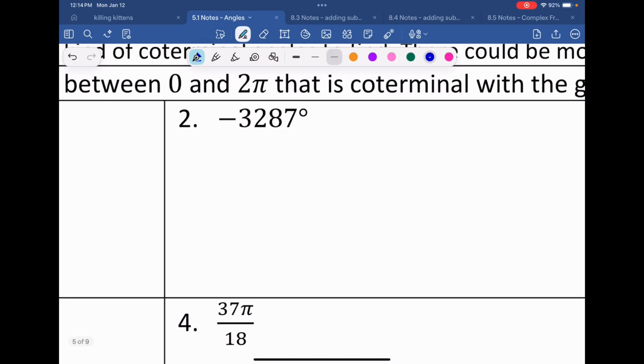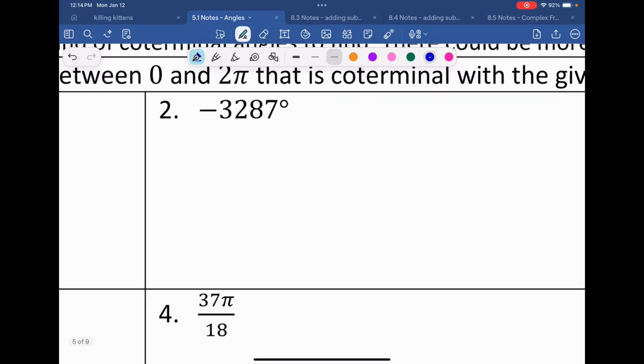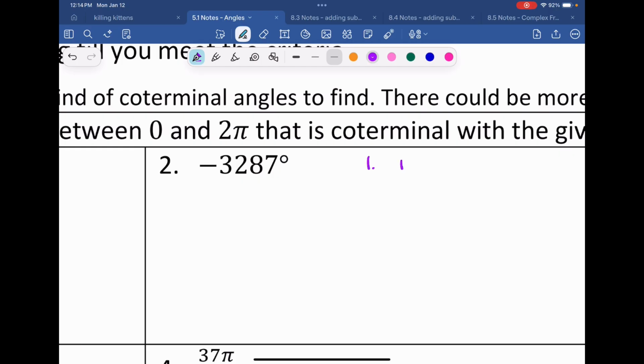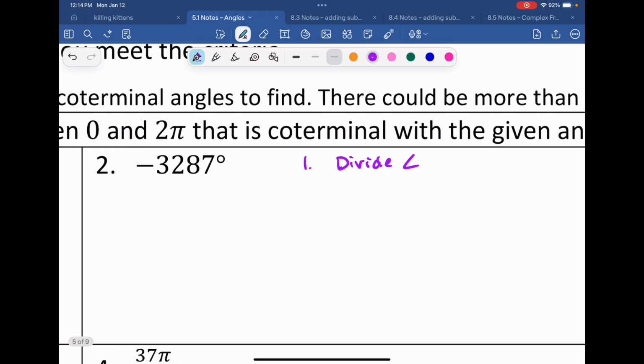Okay, now let's talk about this guy. All right, this is negative 3,287. This is intense. This is 4 place values. So what I would do with this one, I'm going to give you a way to do it. You're going to divide your angle by 360 degrees.